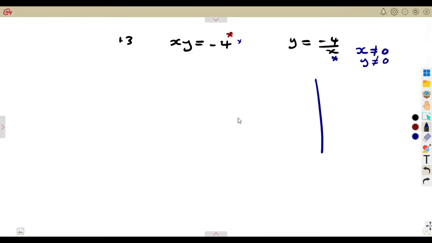So that's why you see our graph is not passing through the y like this. No. It is maintaining within the quadrant. It cannot reach the y, it cannot reach the x. So y cannot be equal to 0, x cannot also be equal to 0.